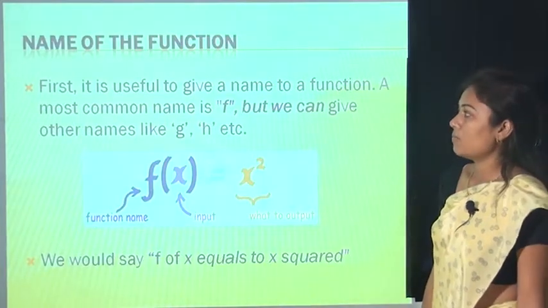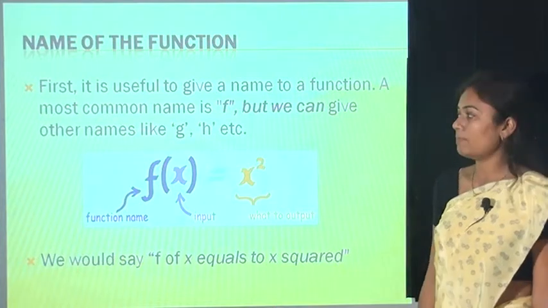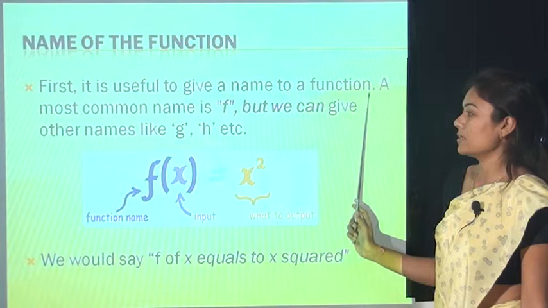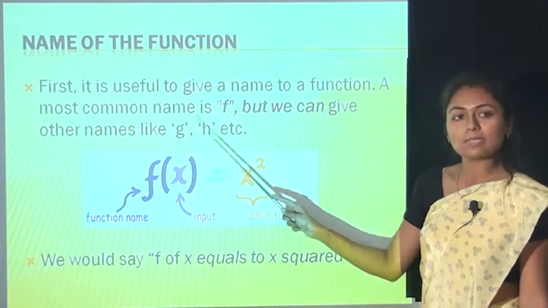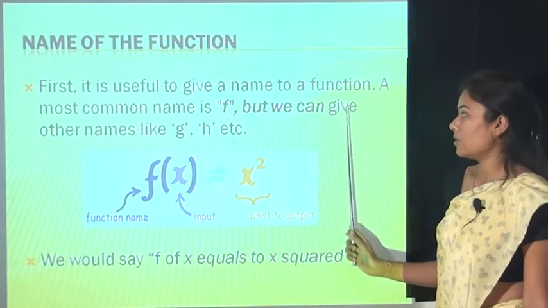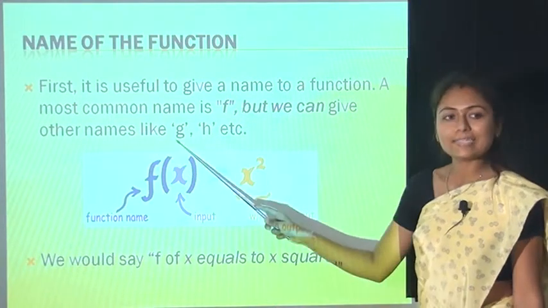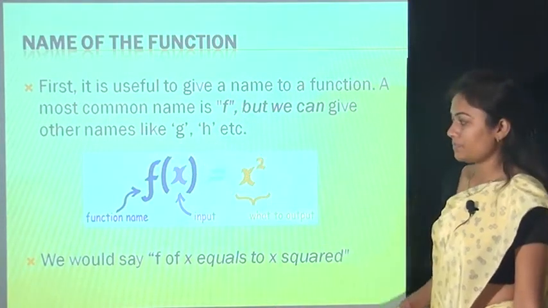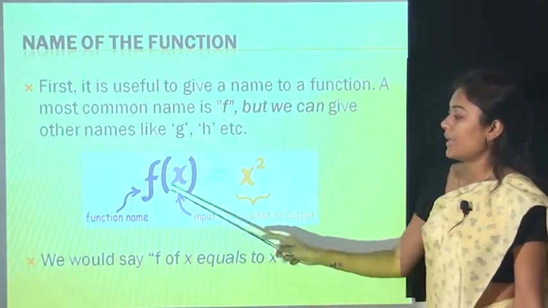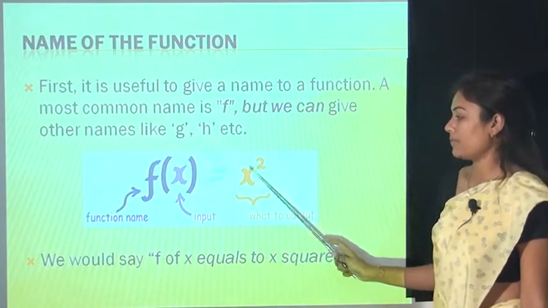Now the name of the function is most important in the function. First, it is useful to give a name to a function. The most common name is f. Mostly we use the name f, but we can use other names like g, h, etc. Here there is a figure in which f of x equals x square.